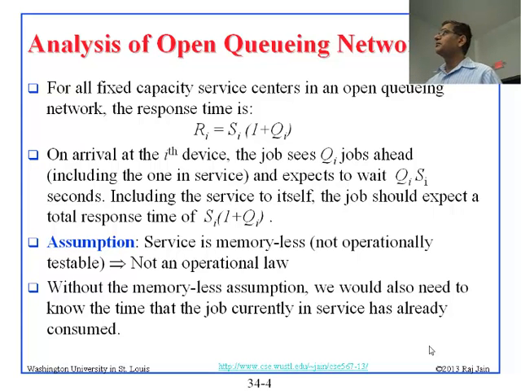But here we are assuming memoryless service, so we are assuming exponentially distributed service times. Without the memoryless assumption, we also need to know the time the job currently in service has already consumed. Because if the job came in, it not only needs to know that there are 5 people ahead of it in the queue, it also needs to know how long the first person, the one being served, has been in service.